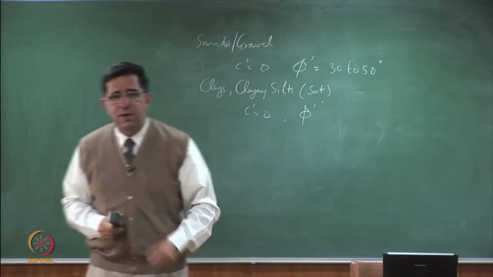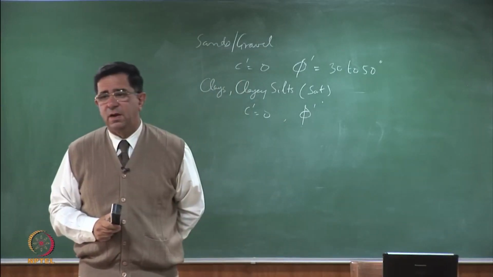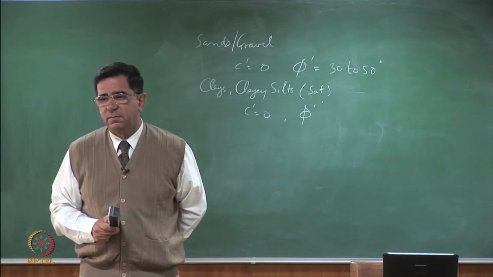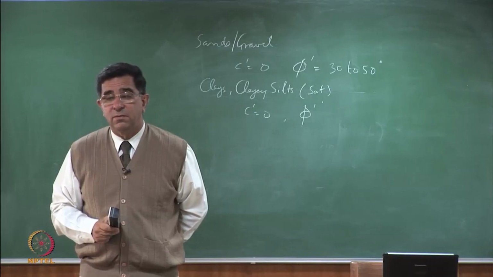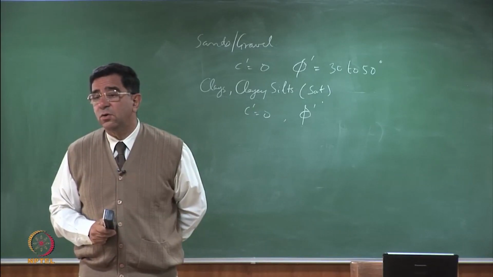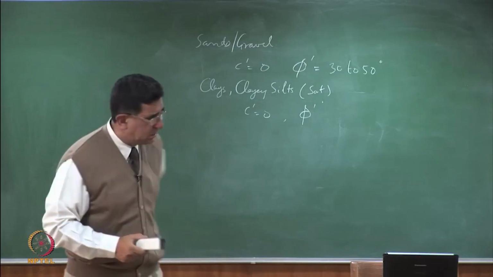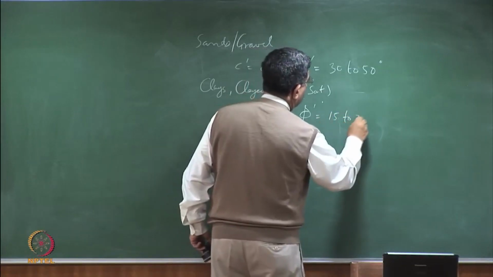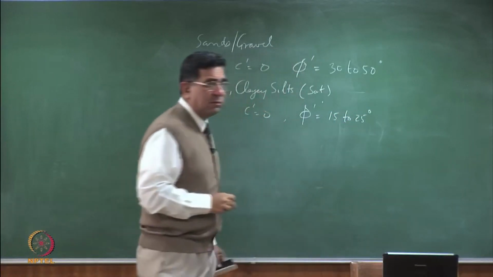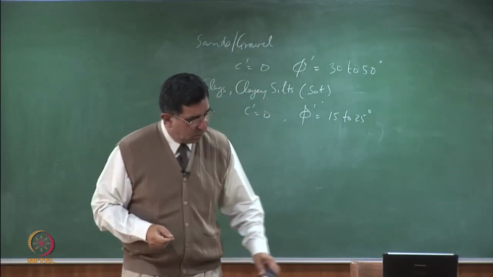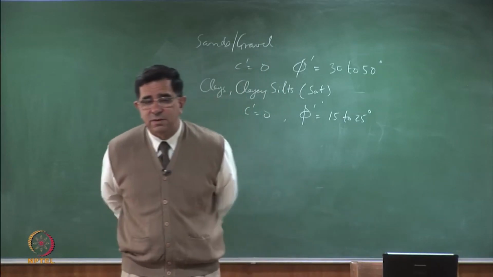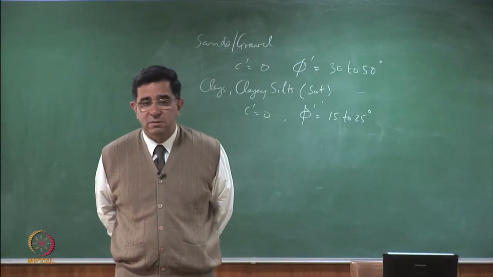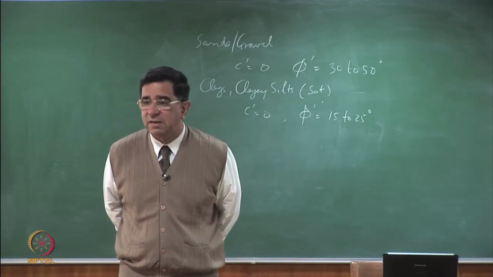What kind of range of phi dash values do we come across in saturated clays? 15 to 25 degrees? Not bad. Can it be lower than 15 degrees? What if I have bentonite clay and I saturate it? Yeah, 12, 10. So even lower. For very highly plastic clays, this can be lower.